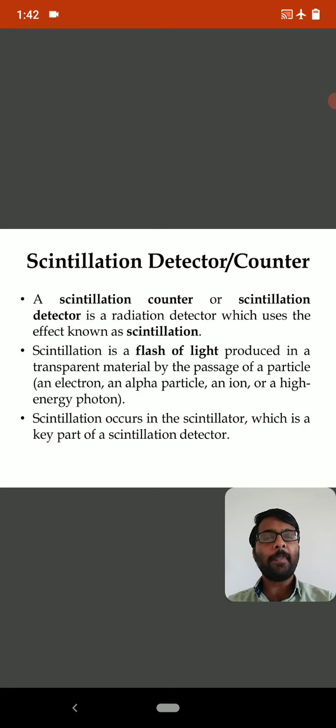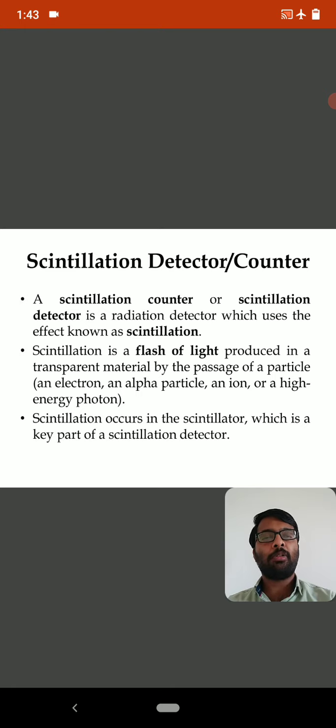When a high energy photon or any other particle passes through a transparent material, those particles have sufficient energy to interact with the molecules of that transparent material. Because of that interaction, the electrons present in that material will be excited, or moved from the valence band to the conduction band, or else excited from the ground state to the excited state.